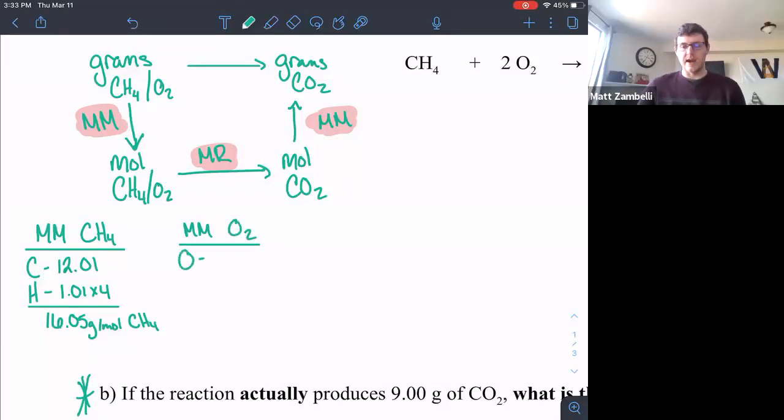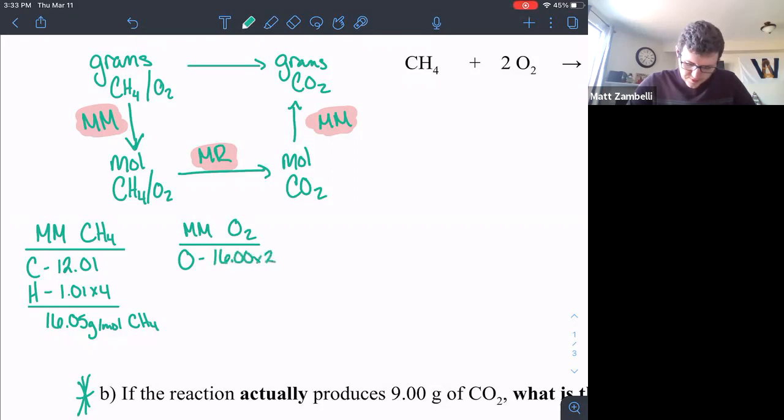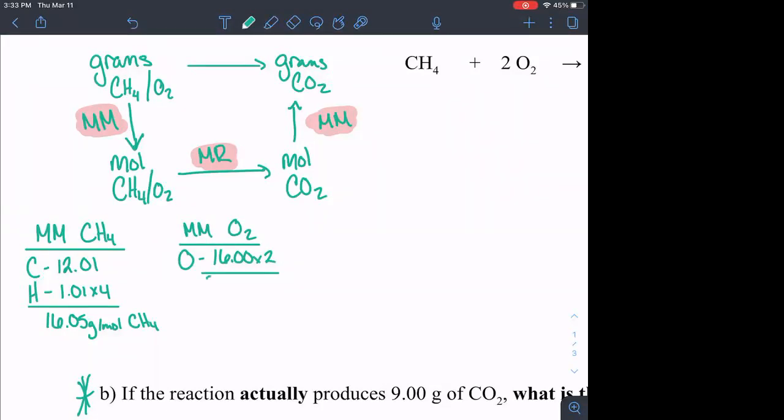So what is the molar mass of one oxygen atom? 16 times 2. Awesome. Which means the molar mass of oxygen is what? 32. Awesome.